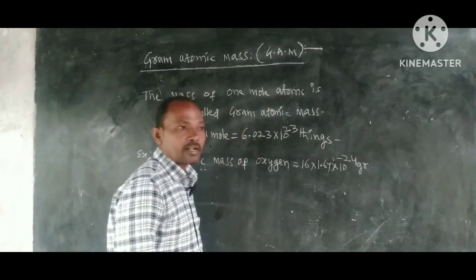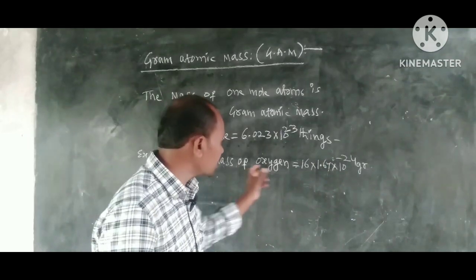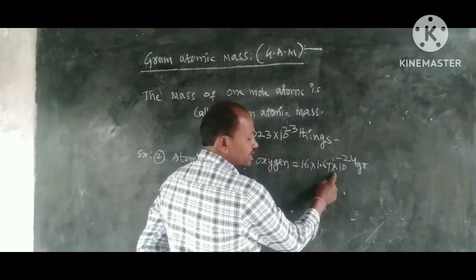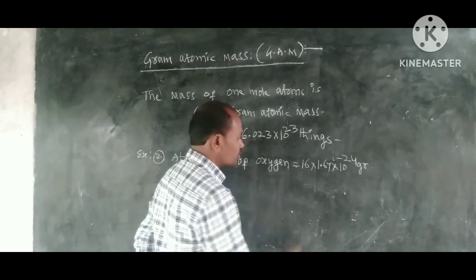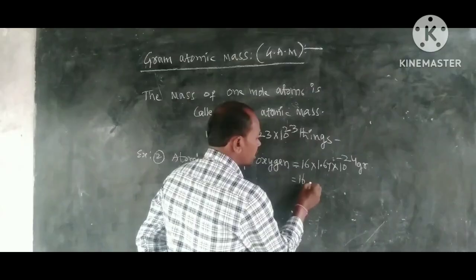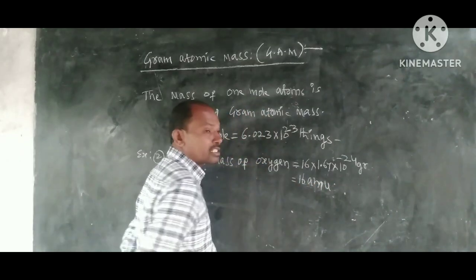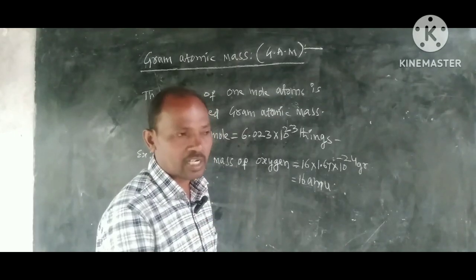So this is the atomic weight or atomic mass of 1 oxygen atom. This 1.67 into 10 power minus 24 is equal to 1 AMU. So that is equal to 16 AMU. So this is 1 oxygen atomic weight or atomic mass.